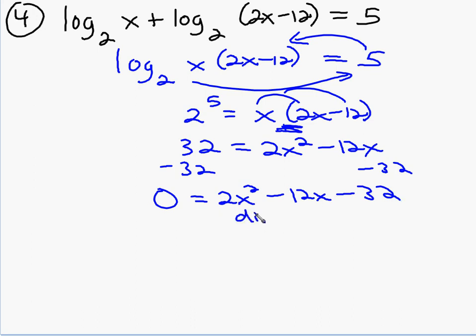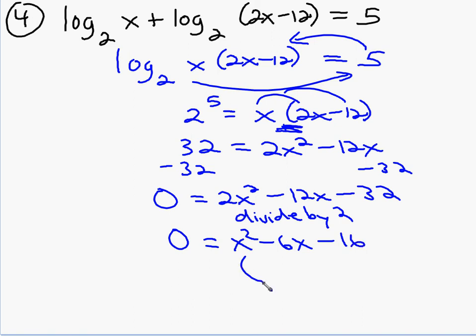So if I divide all the terms by 2, I have 0 equals x squared minus 6x minus 16. And that'll be a heck of a lot easier to factor. I'm just going to do backwards FOIL since it's pretty easy. That's going to be negative 8 and positive 2.